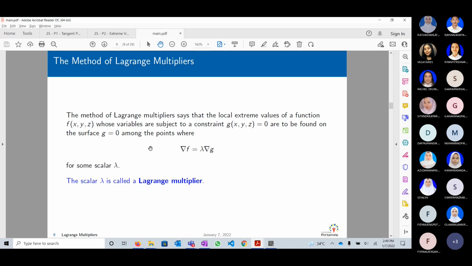Jadi untuk mencari nilai maksimum atau minimum lokal, menurut Lagrange multiplier, kita perlu menyelesaikan g(x, y, z) sama dengan 0, dan grad f sama dengan lambda grad g untuk beberapa skalar lambda. Nah, di sini, lambda itu disebut sebagai Lagrange multiplier.